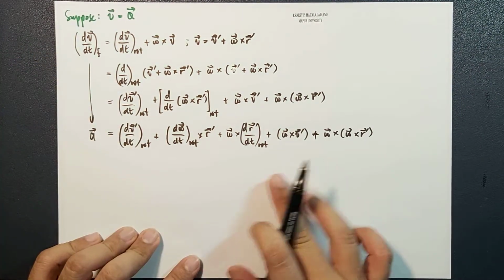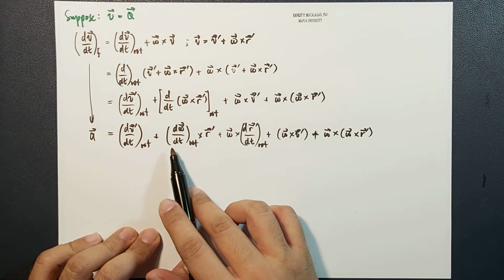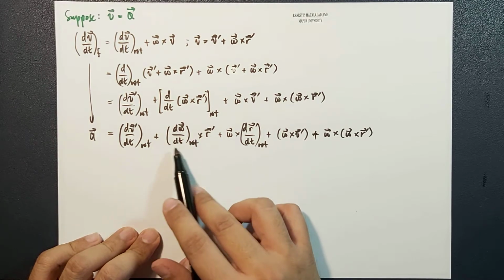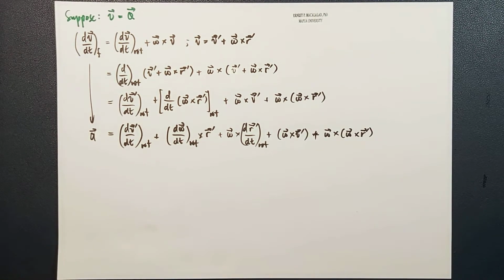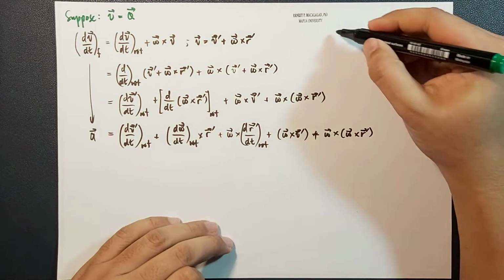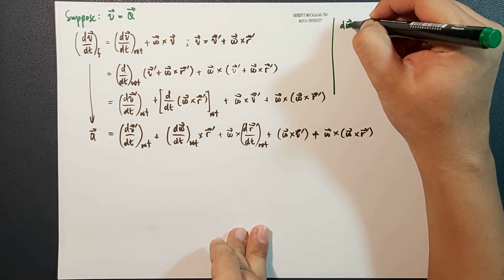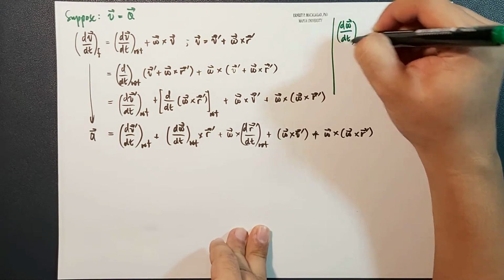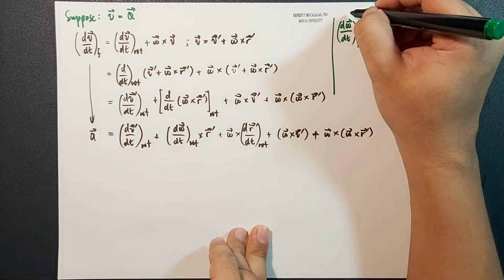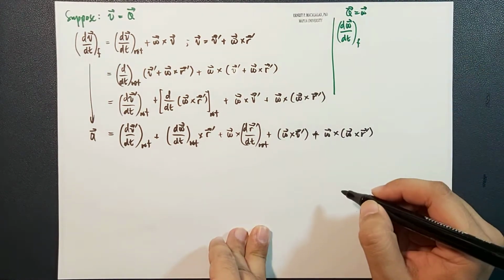Okay. How about this one? This one, omega with respect to time in the rotating frame. So let's look at this. Let's write it here. The derivative of omega with respect to time in the fixed frame. So here we are going to set q to be omega.